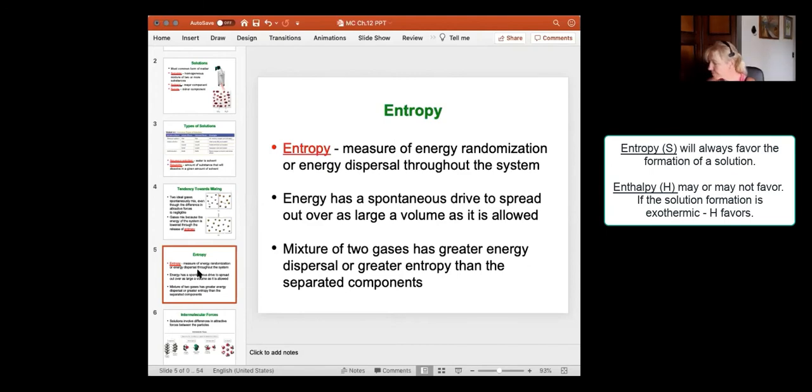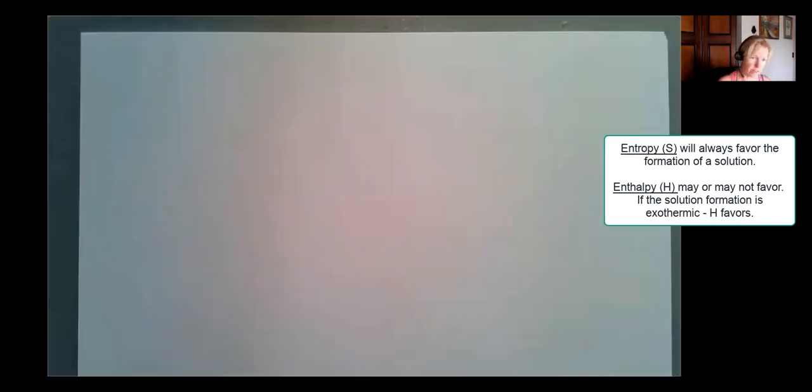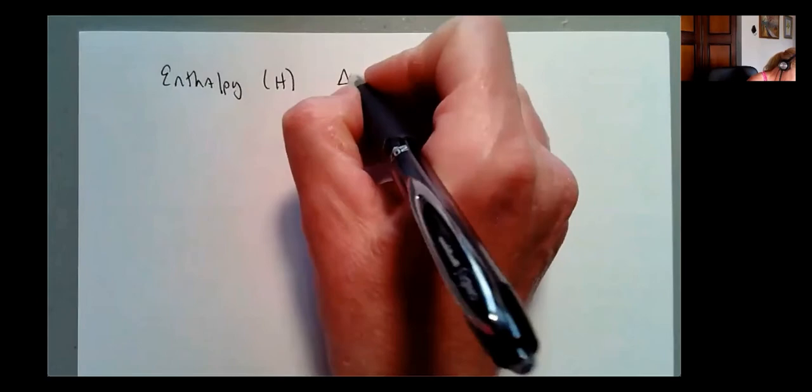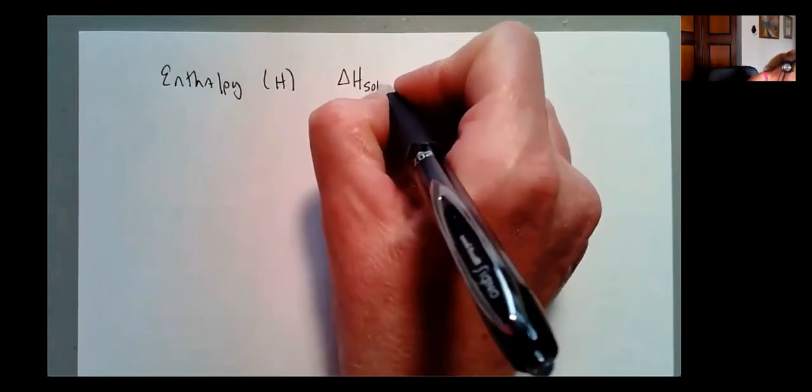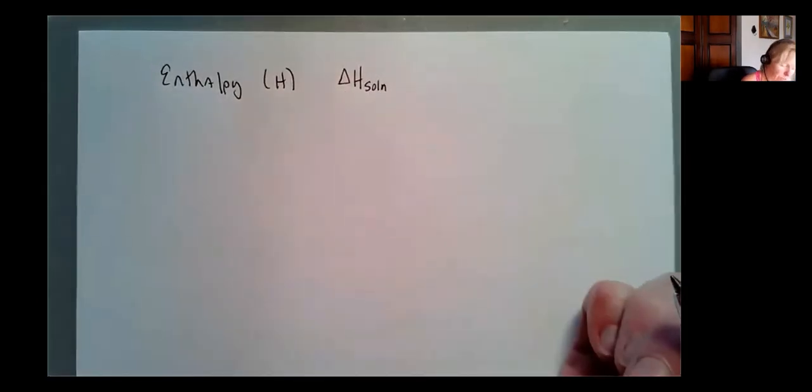Enthalpy is very different. So enthalpy, let's come back to enthalpy. The only thing I want you to take away from entropy is that solutions that appear to be unfavored from an enthalpy standpoint may still occur because entropy is favoring them. So you have two things going on. Enthalpy, big H. Remember, this is a state function. We're often looking at the change in enthalpy, and now we're going to apply it to a solution.